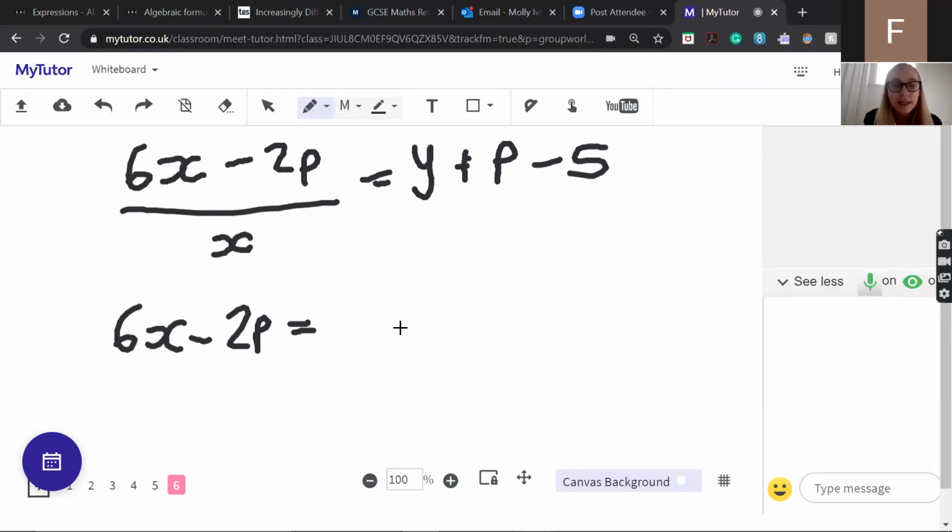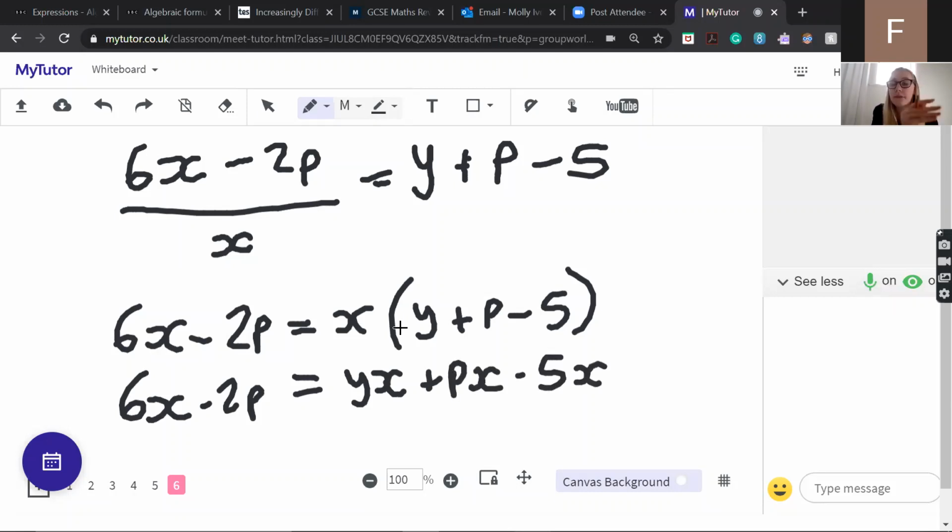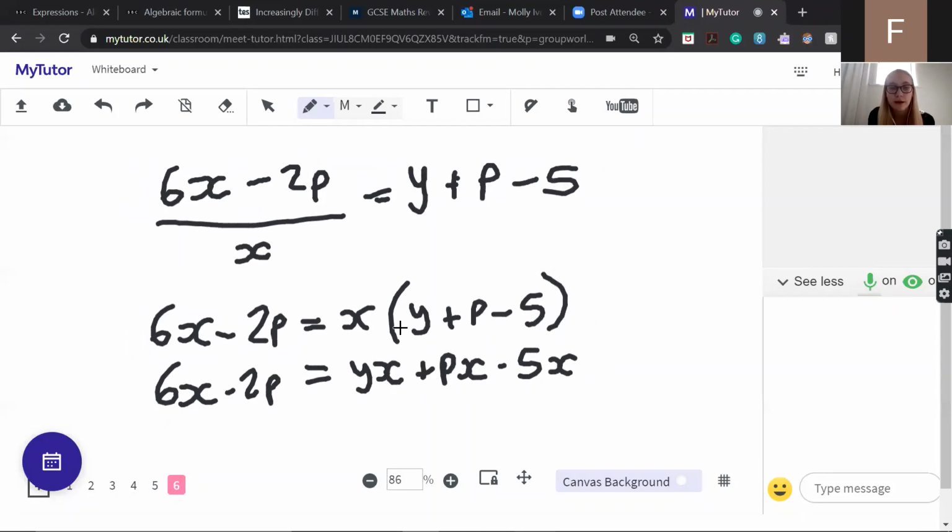I'll do it in 2 stages actually to make it even clearer, because it's x lots of everything on this side. So that means 6x minus 2p equals yx plus px minus 5x. Everything that x is being expanded out by.